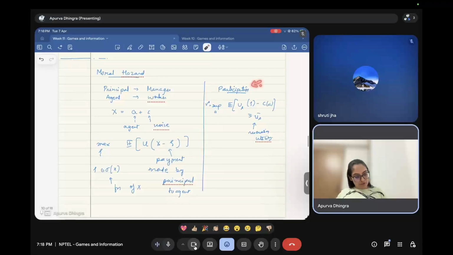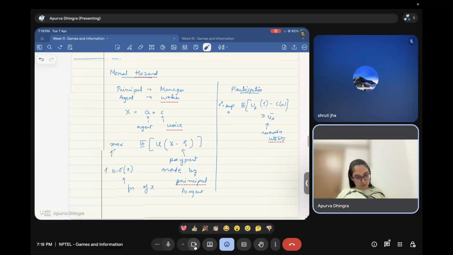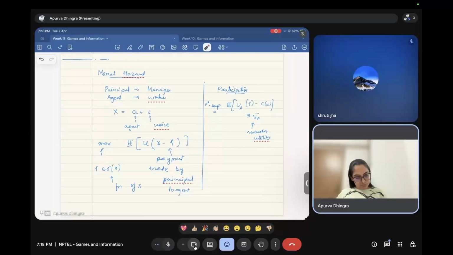So in this scenario, the participation amount or the reservation utility for the agent would be, what is this CA? This is his utility given whatever wage he got, minus the cost of taking that effort.